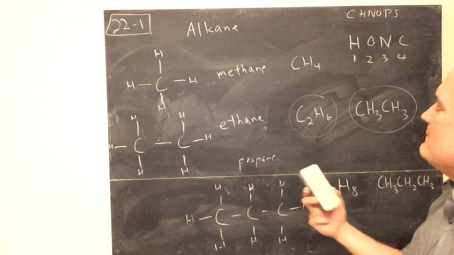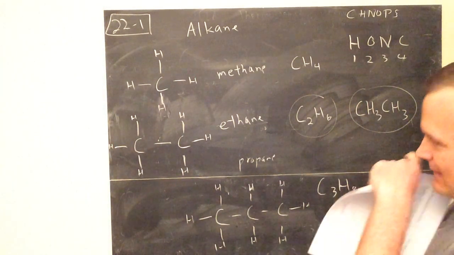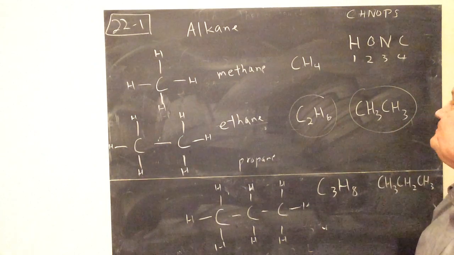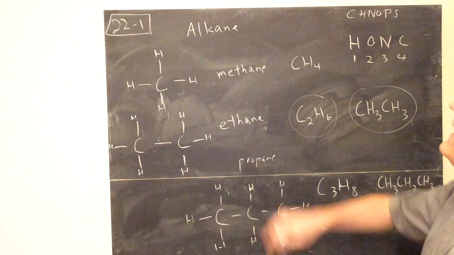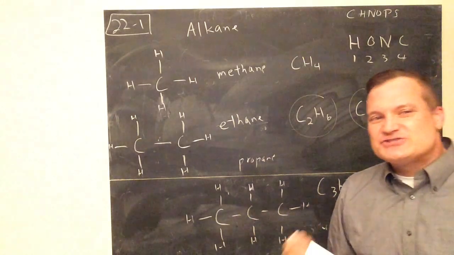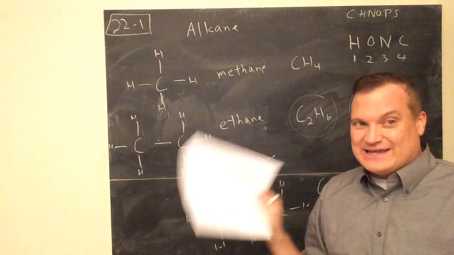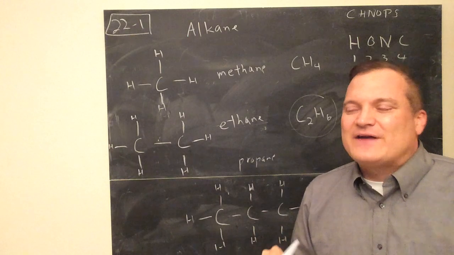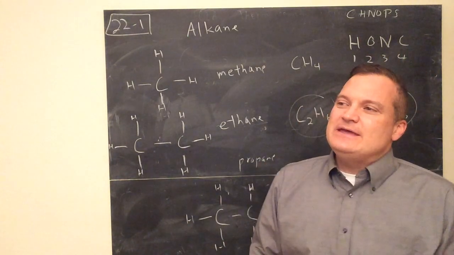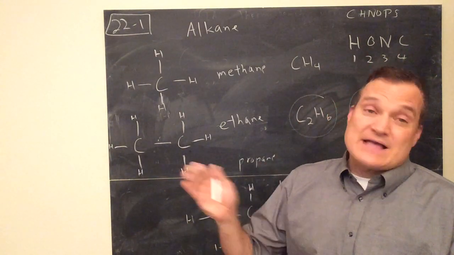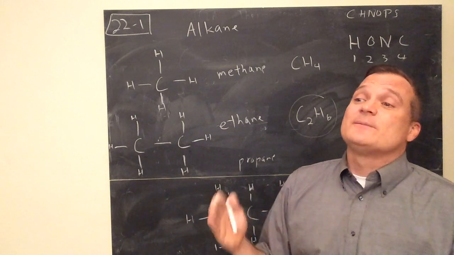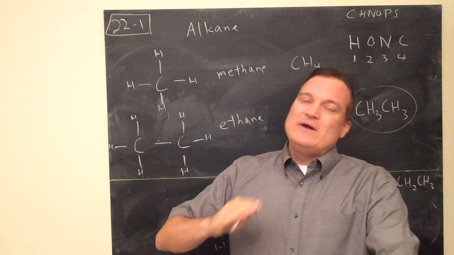Now, before I move on, I want to show you something. There is a shorthand method that organic chemists like to use. Oh, and by the way, in AP, the book has a lot of information in it, kind of like the thermo chapters. But we don't have to do all of it.